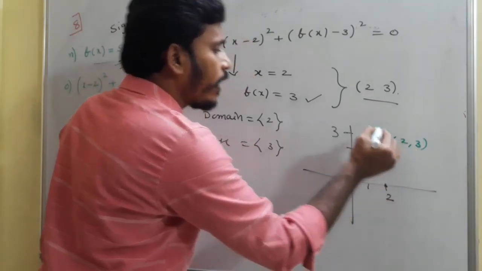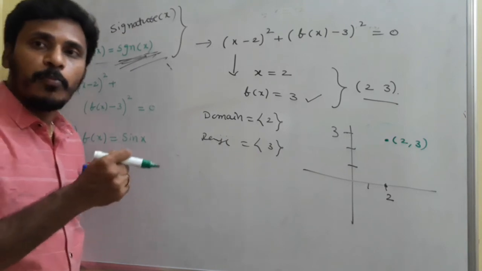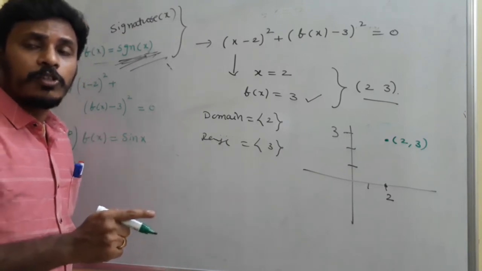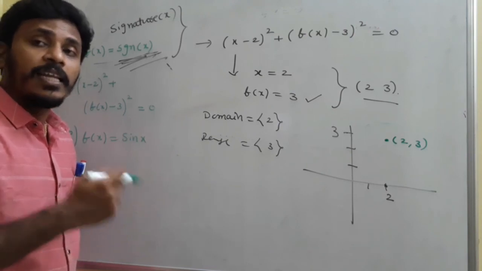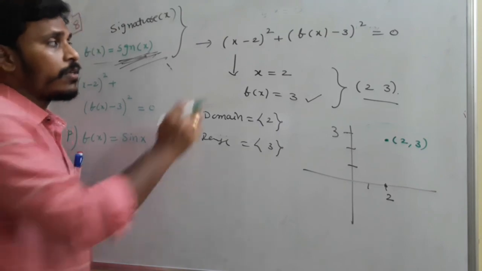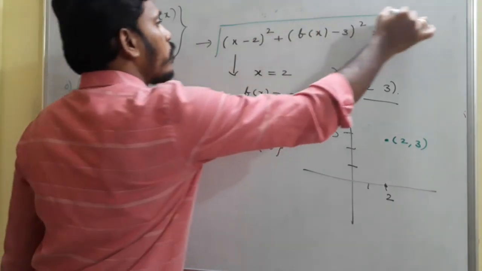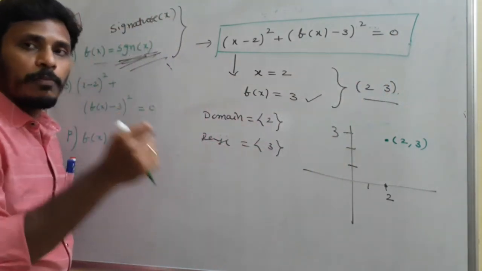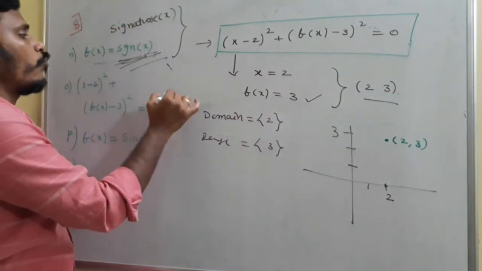That single point is the graph. We call it a single pointed graph. You take any number in the place of x other than 2 and any number in the place of f of x other than 3, and you won't get that 0. So this is the relation between x and f of x whose result is a single point. This is something about O.